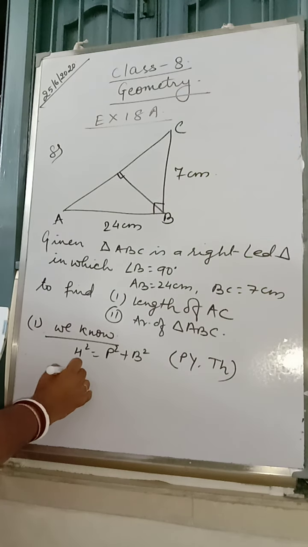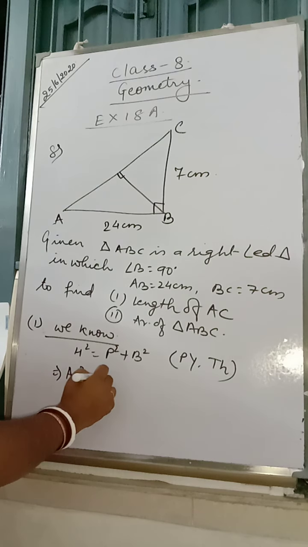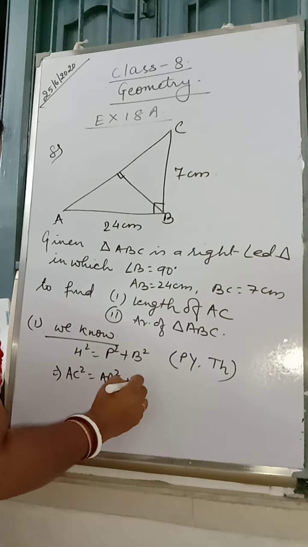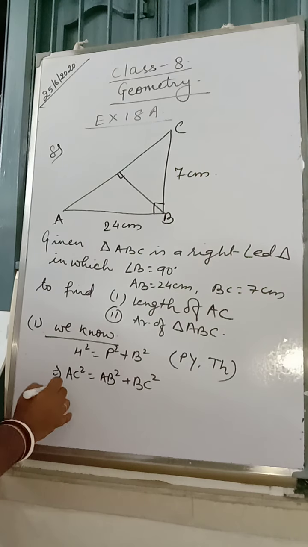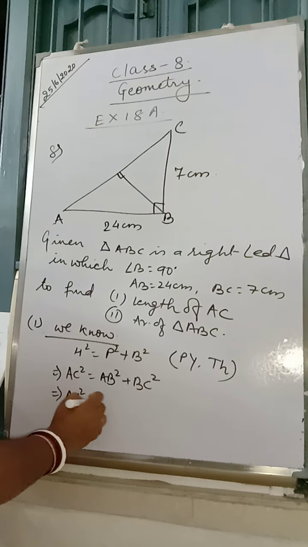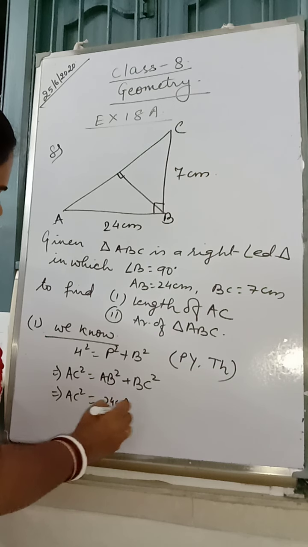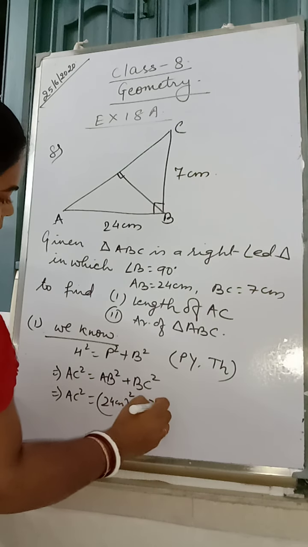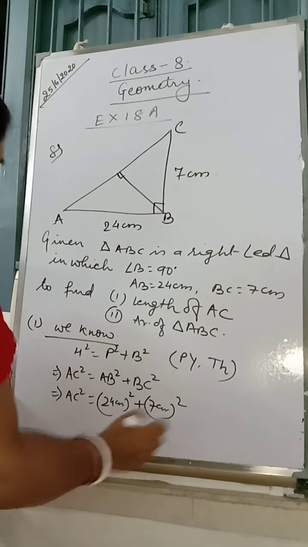So here we have to find AC square is equal to AB square plus BC square. Now AC square is equal to 24 centimeter whole square plus 7 centimeter whole square.